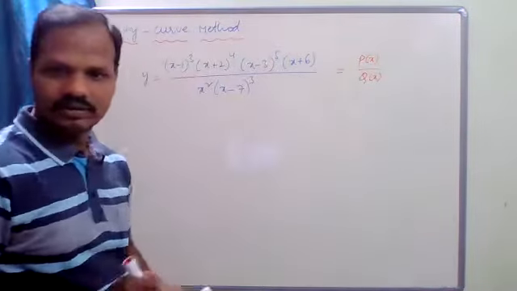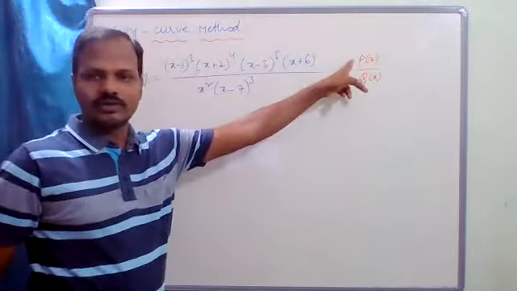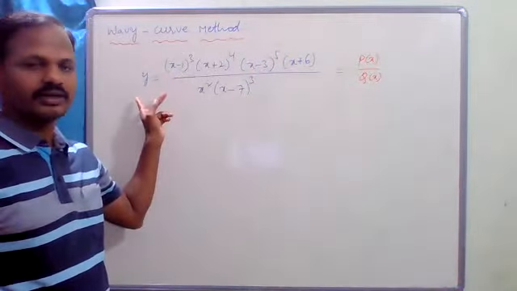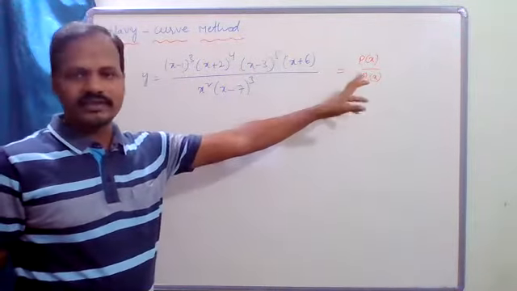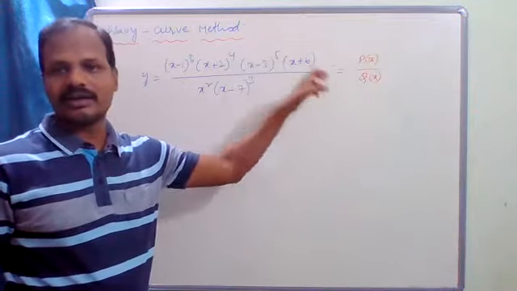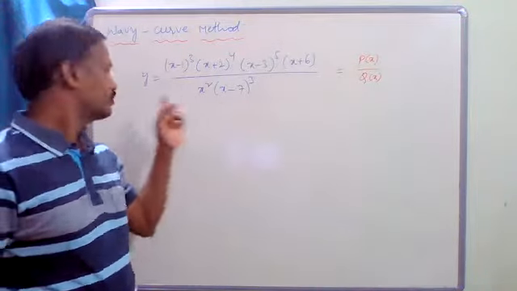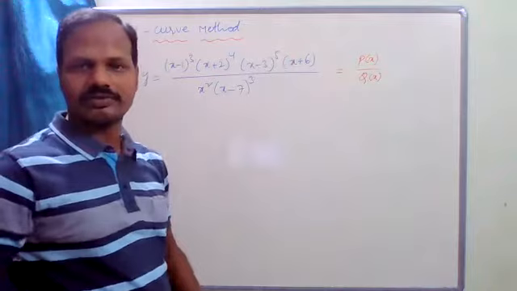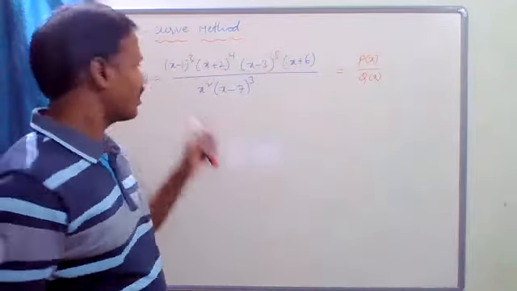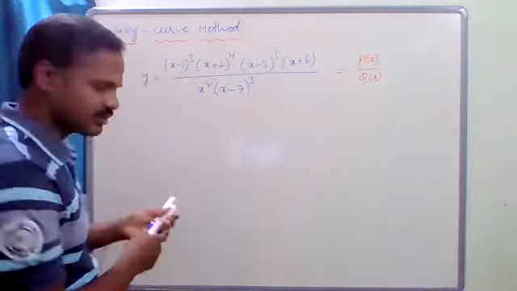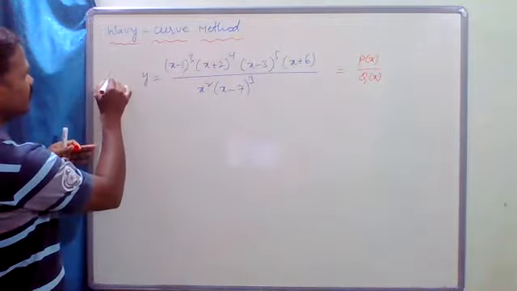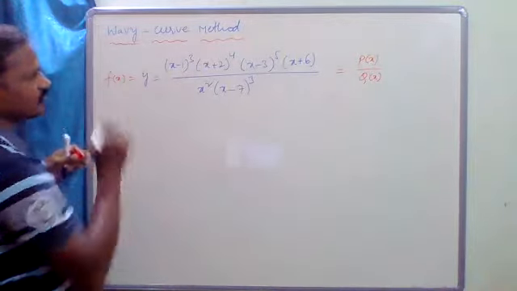Now, if p of x is 0, then y is 0. So where p of x is 0, those numbers are the roots of this function y. Y can also be written as f of x.